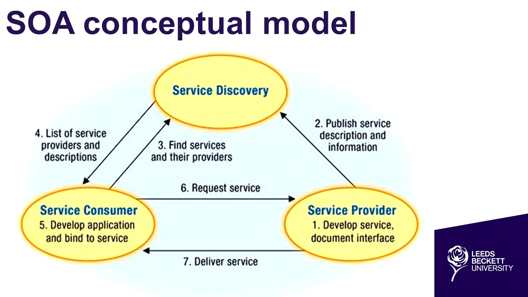Once the service is bound to an application, it is requested in step 6 from the service provider. In the traditional sense, this would mean that you are actually invoking the service. Assuming that the contract is followed, the service provider then delivers the service in step 7.